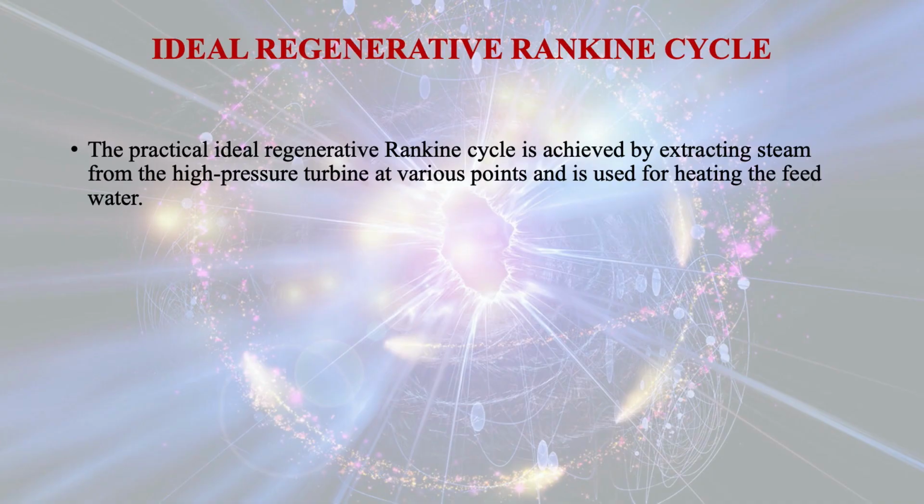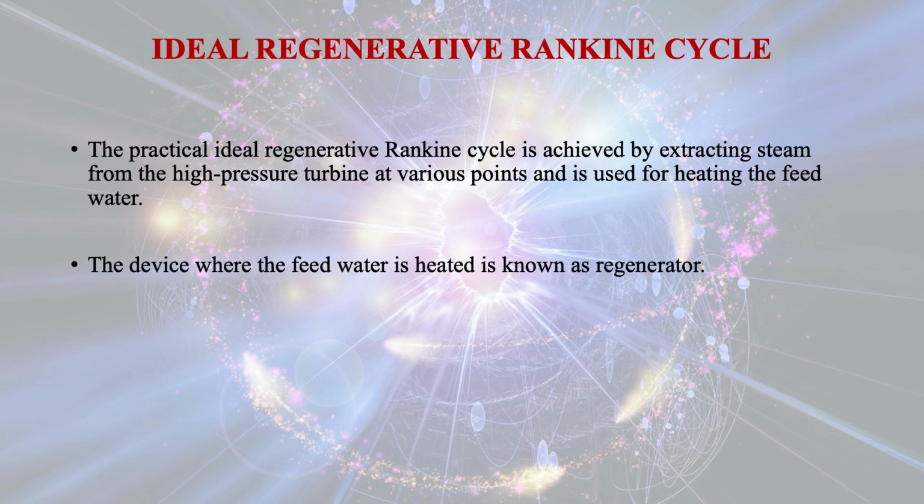The practical ideal regenerative Rankine cycle is achieved by extracting steam from the high pressure turbine at various points, and it is used for heating the feed water. The device where the feed water is heated is known as regenerator.